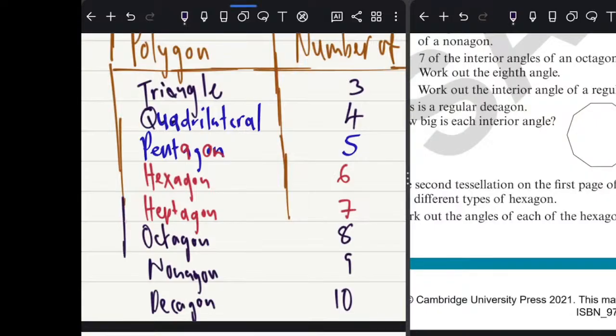Nonagon for 9. Decagon for 10. Octagon for 8. Heptagon for 7. Hexagon for 6. Pentagon for 5. Quadrilateral for 4. So you should know these. You should know each of these shapes and their names.